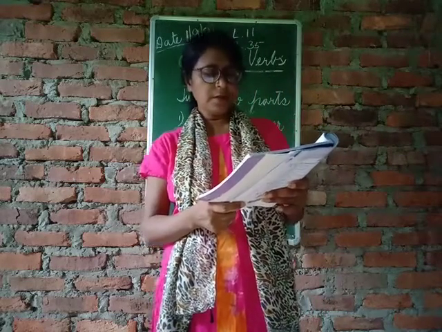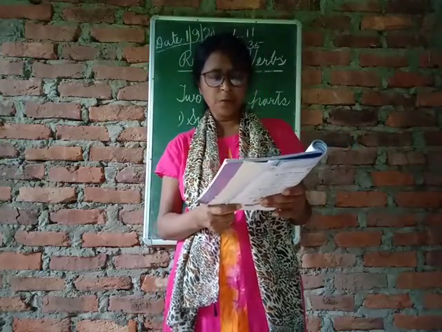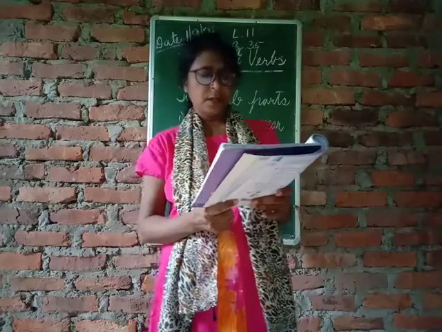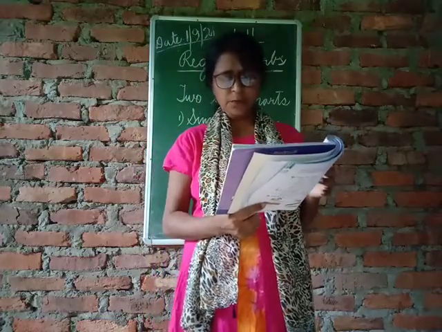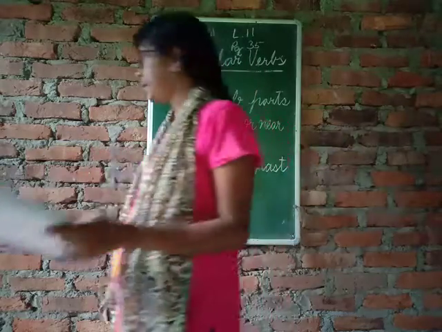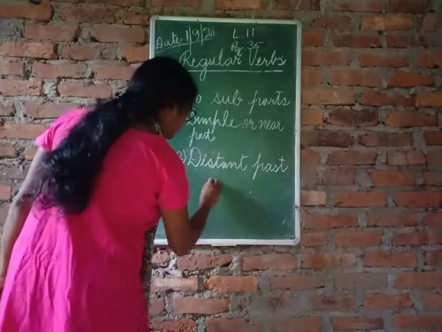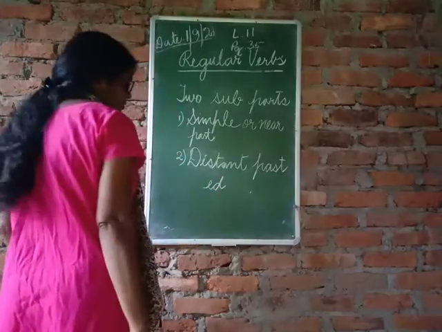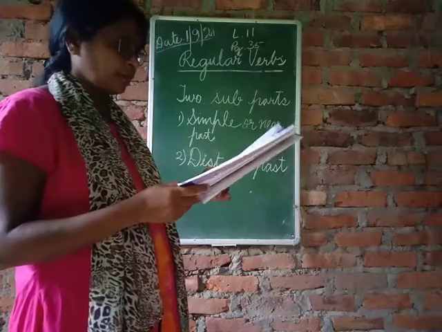So regular verbs, most verbs make both their past forms, both their simple near past and distant past form, by adding ed. আমি আগৰ হৈ যোৱা যদি wordত ed use কৰো, then to their present forms.